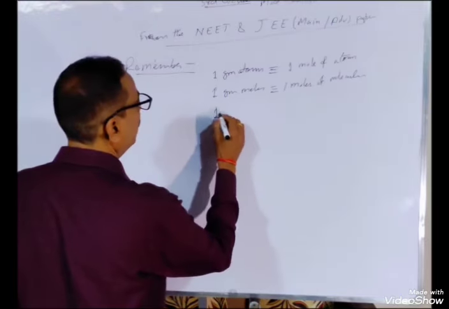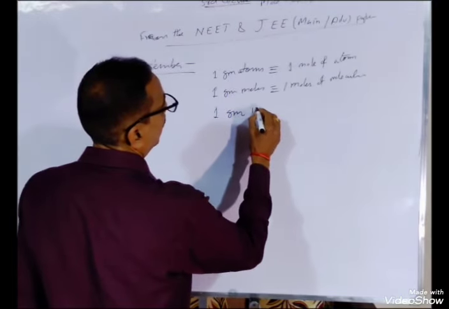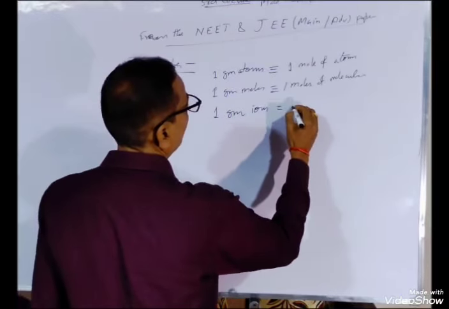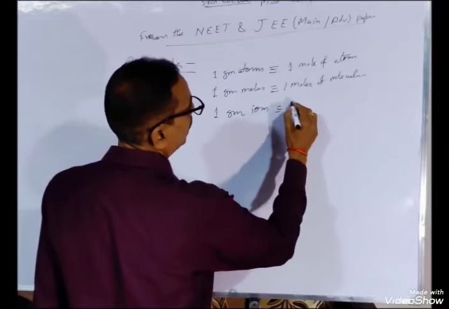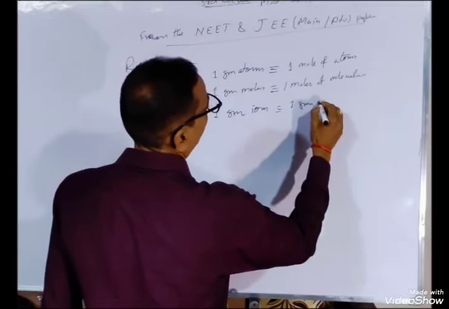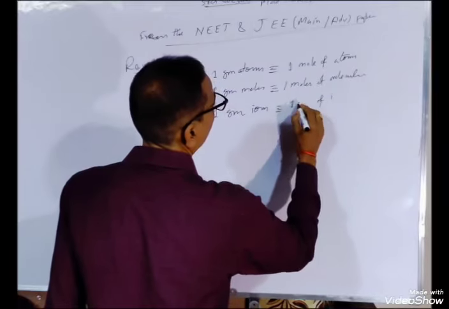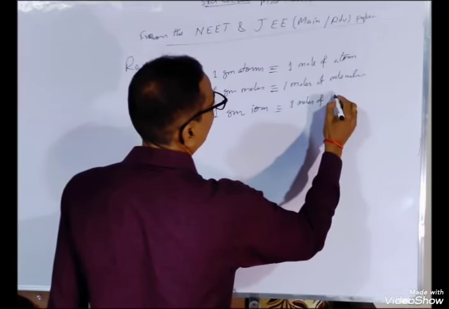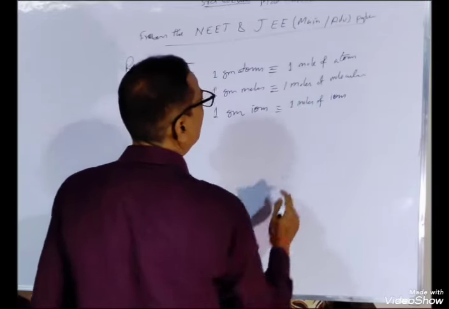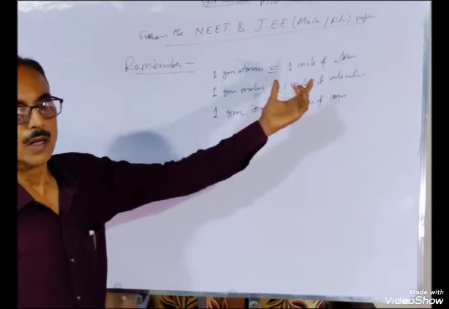And 1 gram ion is also called 1 mole of ions. So these are the same terms.